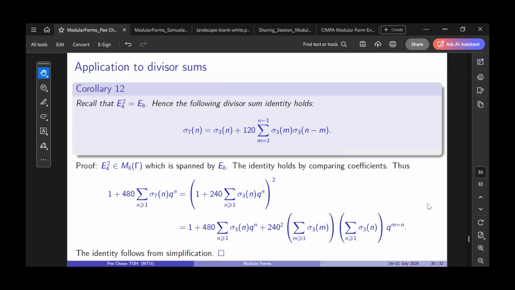Yeah, so this is the proof. Like what I said before, we know this is the expansion of E8, this is the expansion of E4. This is just a matter of matching the addition.